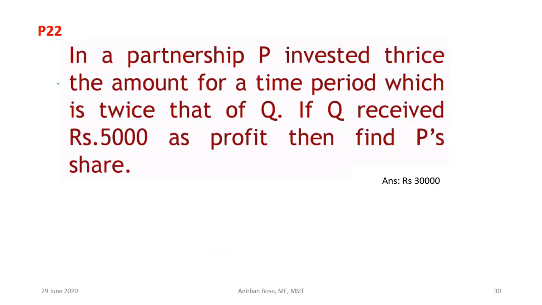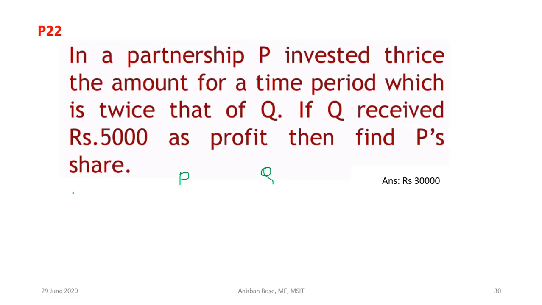Coming to the next problem, in a partnership, P invested thrice the amount and the time period is twice that of Q. If Q receives rupees 5,000 as profit, then find P's share. So here P and Q. In terms of money, P invested thrice the amount.